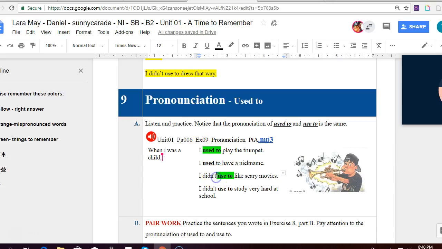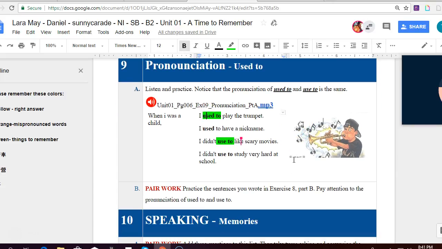And then, when we talk about the word used to without this one, you never used to do that thing. Okay? The word used without, okay? The second one. Yes, that one. Correct? Okay? You understand? Okay, good job.